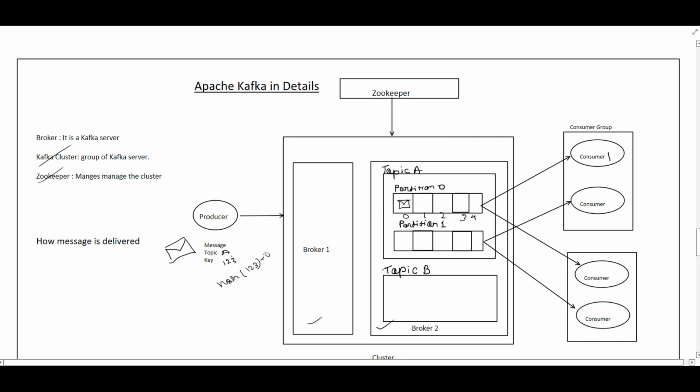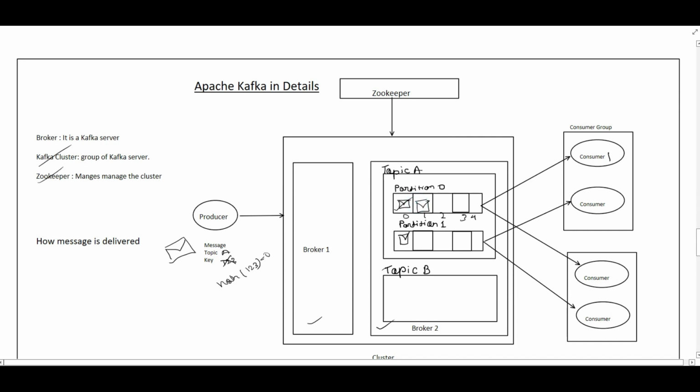So from offset 0, this consumer one will read the message. And suppose the key is not defined, then what will happen? Kafka will use a round robin fashion to assign the messages to partitions. We know the topic name is A, so the message will come to topic A, but to which partition will it go? It will be round robin. The first message will go to partition 0, the second message to partition 1, and the third message again to partition 0.